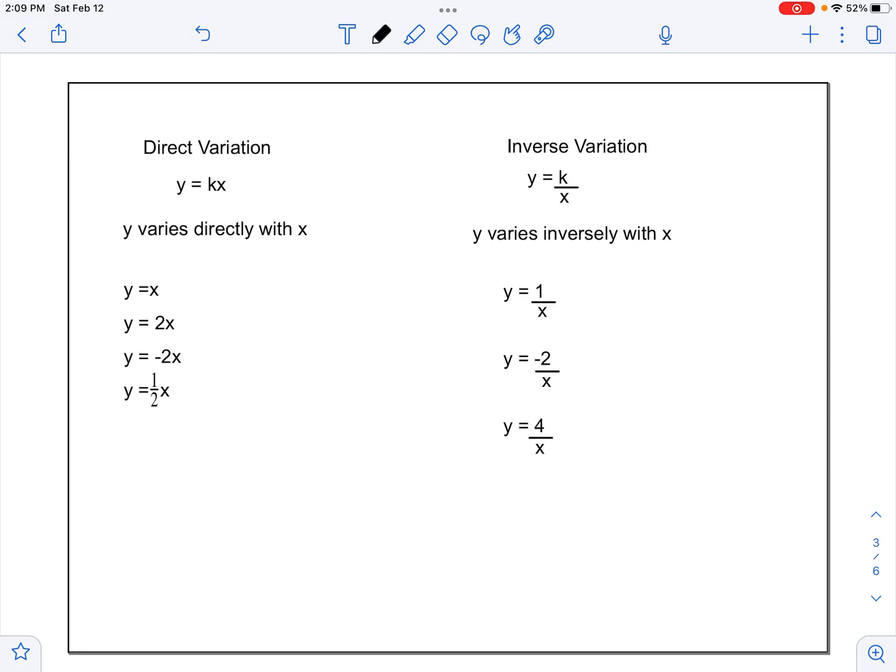We're going to look at direct variation first, and you'll notice that there's this k in here, and that k is your constant of proportionality. Fancy way just to say a number. So all of these tables that we're going to look at, these numbers, the x and y values, are proportional to each other.